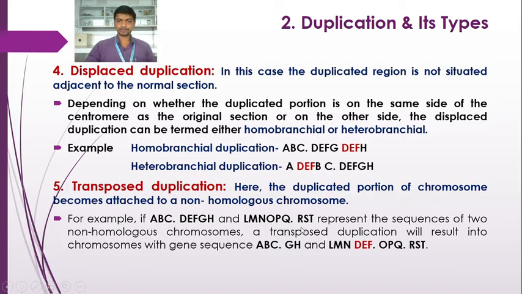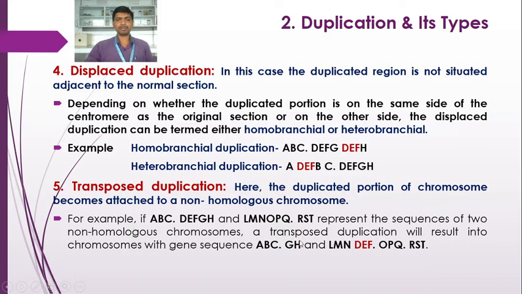Here these two chromosomes represent the sequences of two non-homologous chromosomes. The transposed duplication will result in a chromosome with a new gene sequence. Here this DEF has been duplicated onto the non-homologous chromosome. So this DEF is deleted from this chromosome and duplicated on the other, non-homologous chromosome. So on the non-homologous chromosome the sequence is LMN DEF OPQ, centromere, RST.